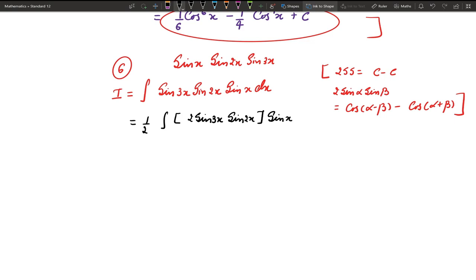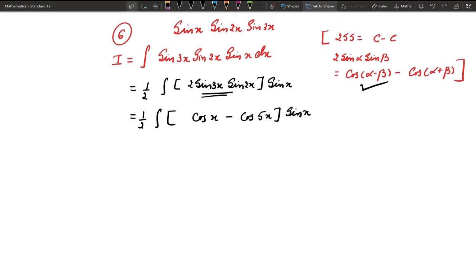Now inside the bracket apply 2 sin sin formula: cos(3x minus 2x), that is cos x, minus cos(3x plus 2x), that is cos 5x, into sin x. Here inside the bracket we have used this formula: cos(3x minus 2x), that is x, and minus cos(3x plus 2x).